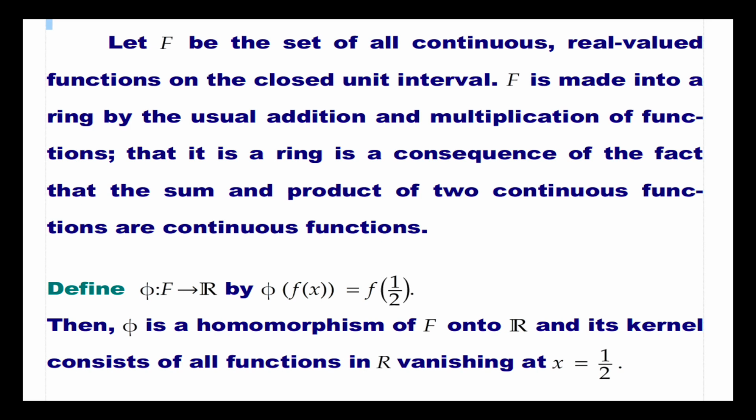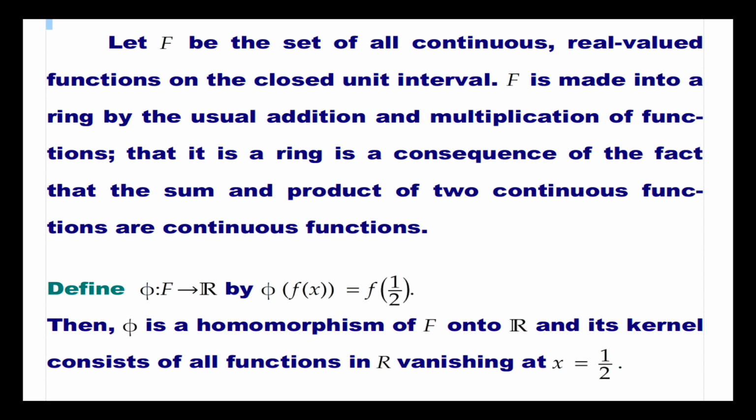Let F be the set of all continuous real valued functions on the closed unit interval. F is made into a ring by the usual addition and multiplication of functions. That it is a ring is a consequence of the fact that the sum and product of two continuous functions are continuous functions.